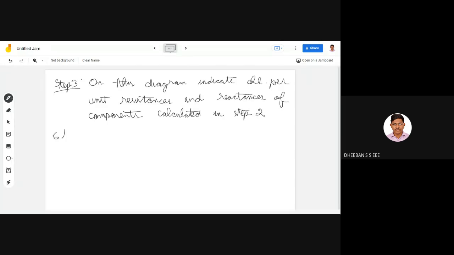Okay, step 4, and it is an important step with respect to your short circuit analysis.